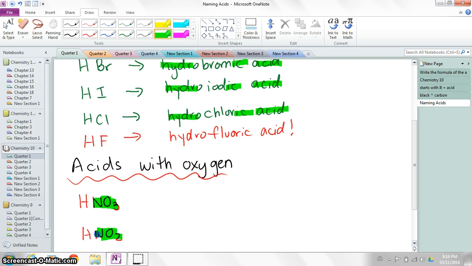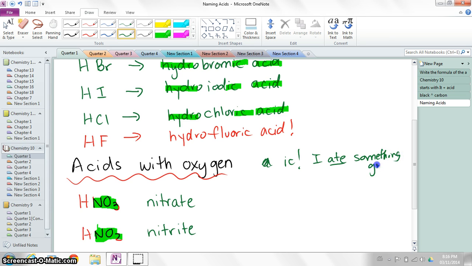So here are the polyatomic ions. And if you look up NO3, that's nitrate. And if you look up NO2, that's nitrite. So remember what I said in class. Ick. I ate something gross.